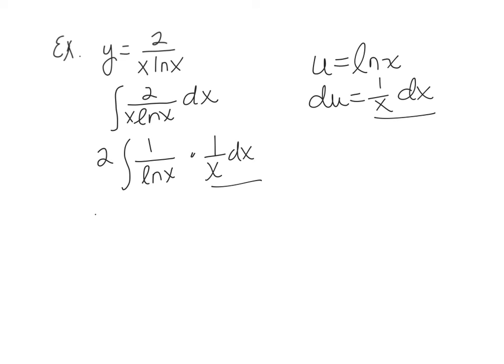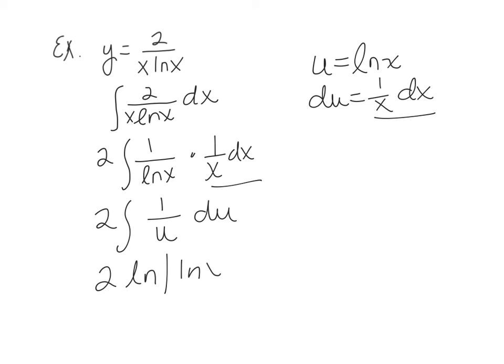So if we write this with u, we would have 2 times 1 over u du, so then the answer would be 2 times the natural log of u, which is the natural log of x, right, plus c.